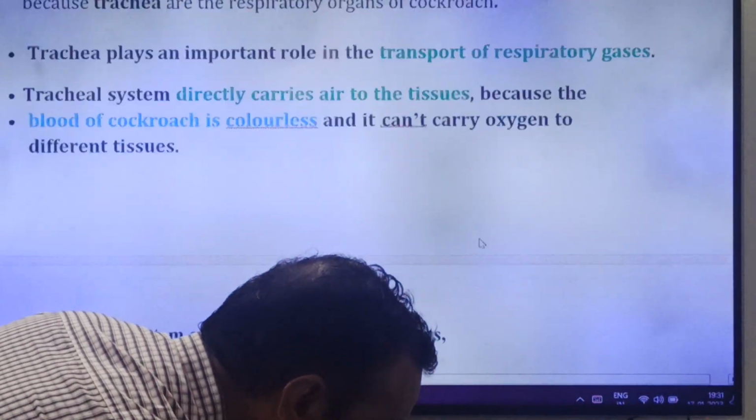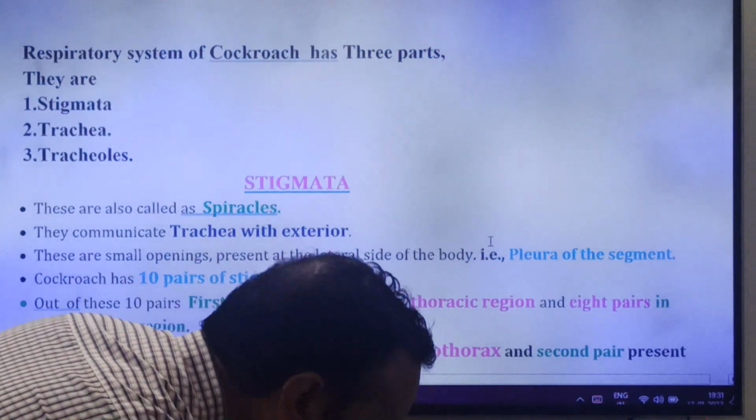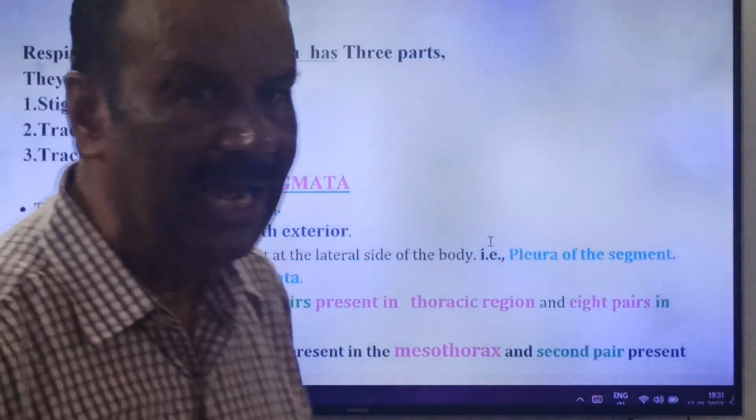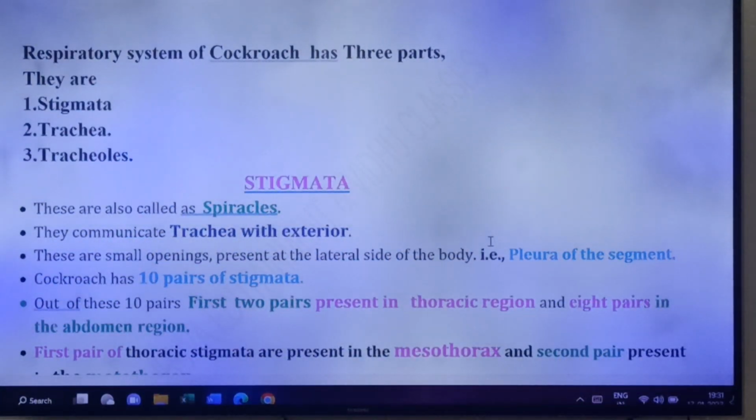Okay. Now see, friends. What are the parts of the respiratory system of cockroach? The respiratory system of cockroach has three parts. What are they, friends? Stigmata, trachea and tracheoles.